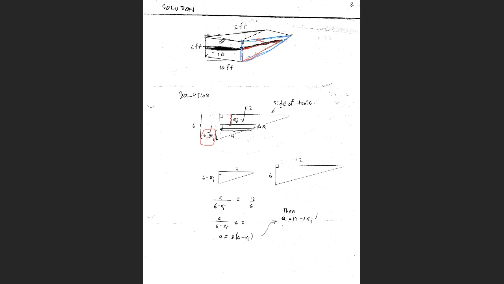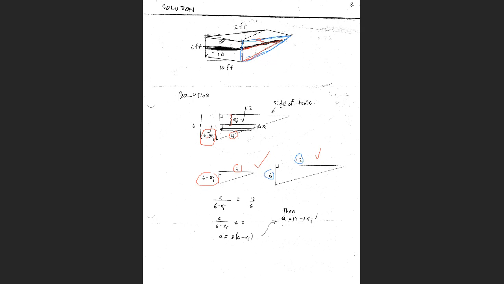and length A. By similar triangles, here are the two similar triangles. And by what you learned in geometry, the sides of similar triangles are in proportion. So A over 6 minus xi would be equal to 12 over 6.